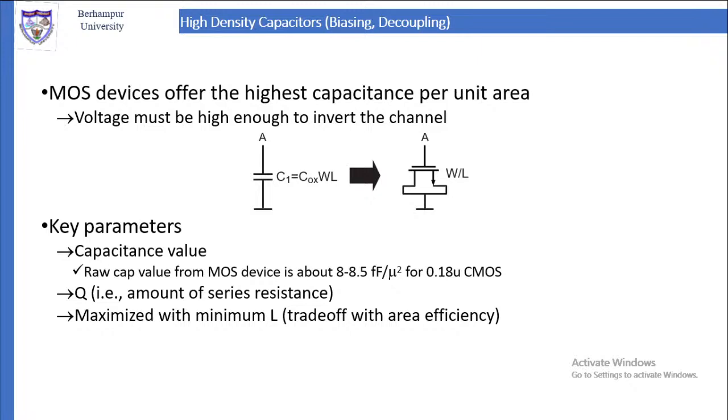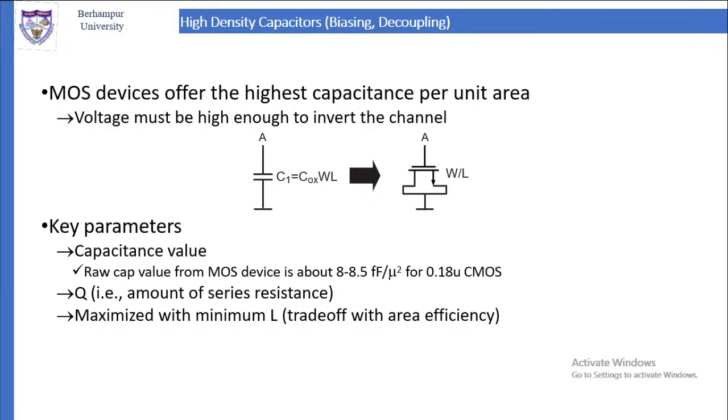All these capacitors are mostly in parallel. When they connect in parallel, they increase the capacitance of a MOS. Then you can have n number of MOS per unit area, which can also be connected in parallel, so you will get the highest capacitance per unit area using a MOS device.